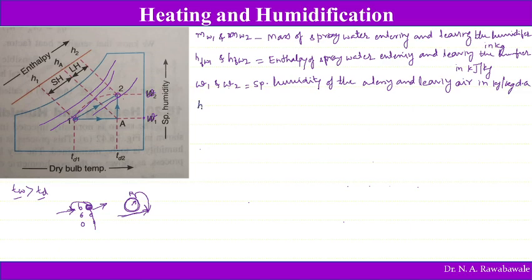Let H1 and H2 be the enthalpy of entering and leaving air in kilojoules per kg of dry air.